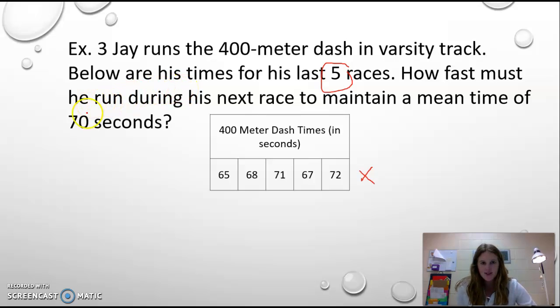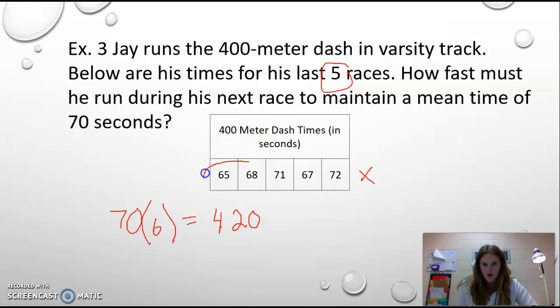So the average he wants is 70 seconds. So we're taking 70, and we're multiplying it by 6, because that's how many races he's going to run total, to get us 420 total. And so now you can see, all right, how many seconds does he have so far? You're adding up all these, 65, 68, 71, 67, and 72.